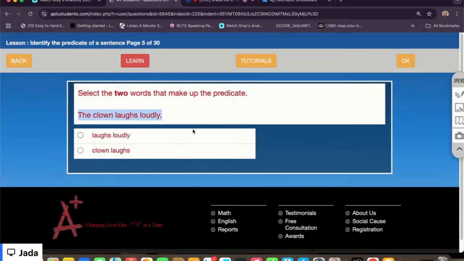Now, the clown laughs loudly. The clown laughs loudly. So which of these is the correct answer for the predicate? Let me know, guys.